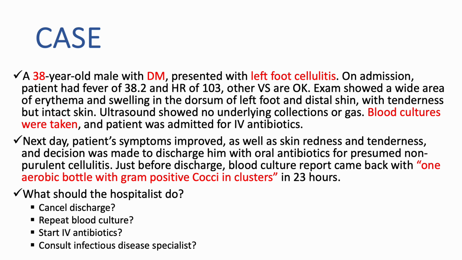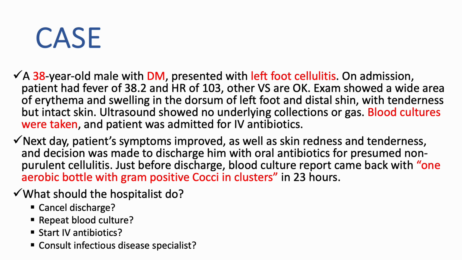So in this case, it's reasonable to document all these findings and document why you think this is a contaminant, and then the patient is still appropriate for discharge. The patient's blood cultures were followed a couple of days after the patient was discharged, and the report came back as coagulase-negative staph, probably a contaminant.